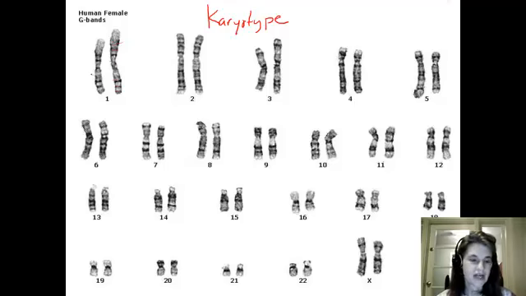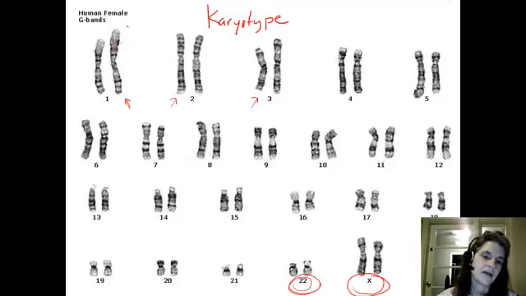By looking at their size and banding patterns, geneticists can recognize a certain chromosome pair that is called chromosome pair number 1, chromosome pair number 2, number 3, and these are standardized for humans. All humans have a chromosome pair 1, 2, 3, and so on. So you can see there are 22 total pairs plus this funky pair that would be a 23rd pair, but it's not numbered. We'll talk about that later.